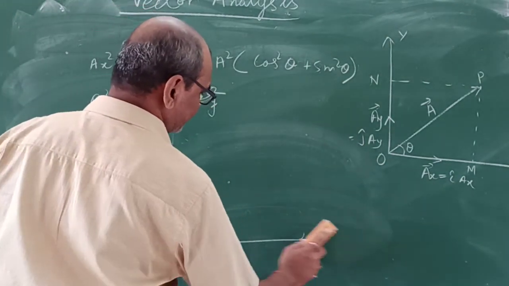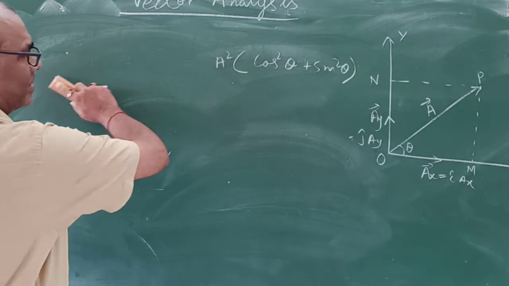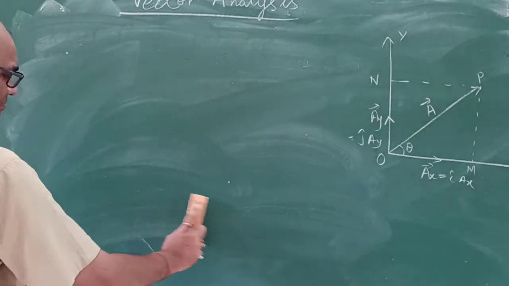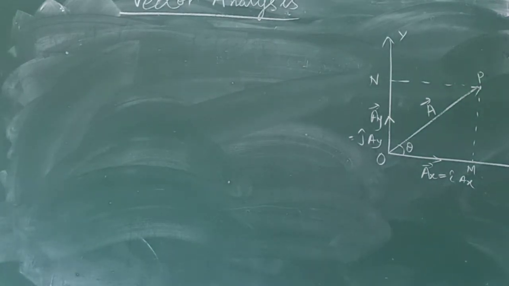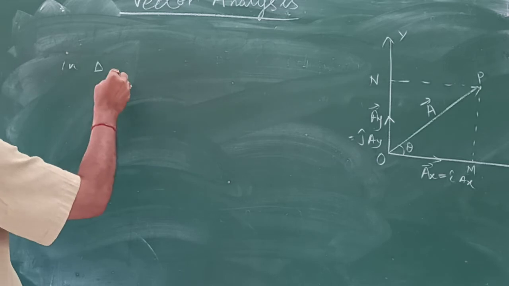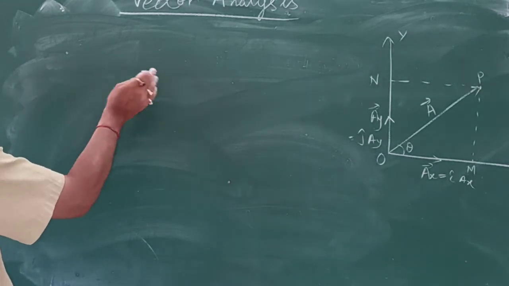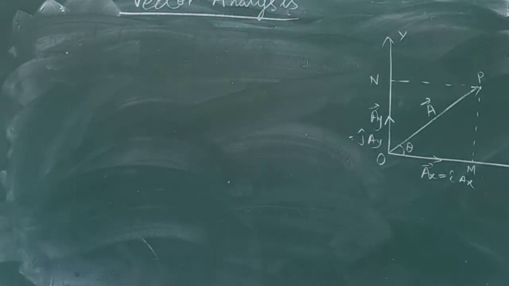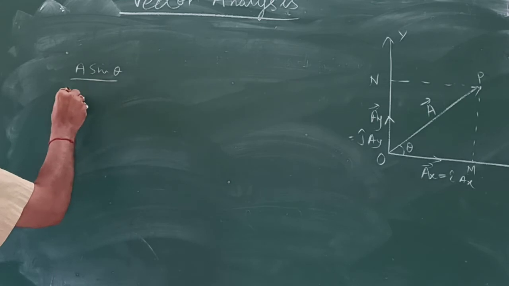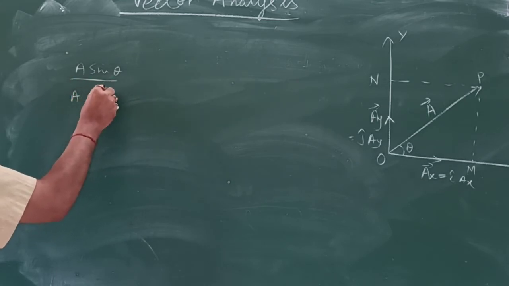Dividing 2 by 1 we get the direction of the vector. Dividing 2 by 1 we get A sin theta by A cos theta. We can write from the triangle also, so no need to write this one.